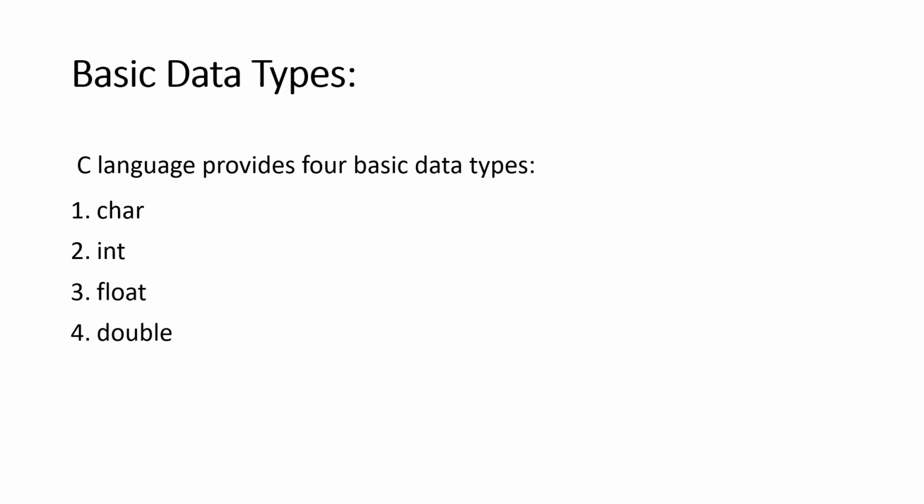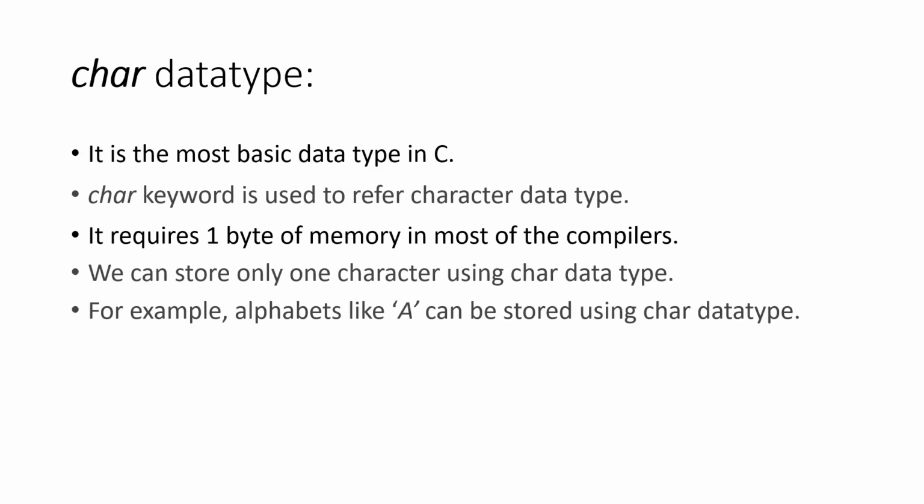Now we will discuss basic data types. C supports 4 basic data types: char, int, float, and double. What is char data type?